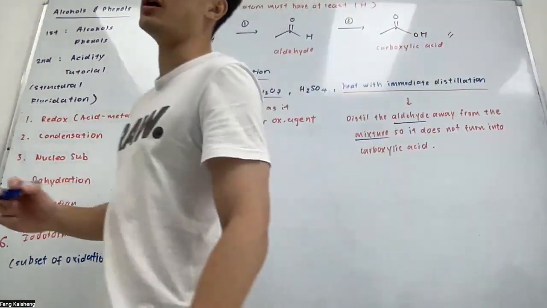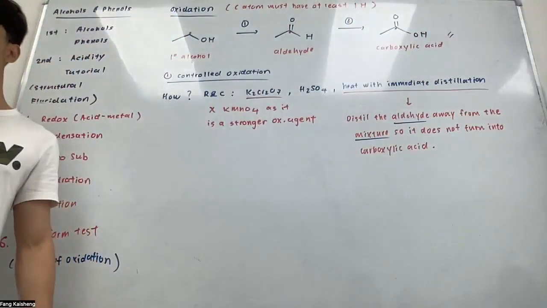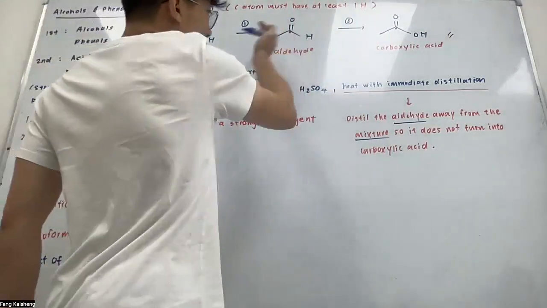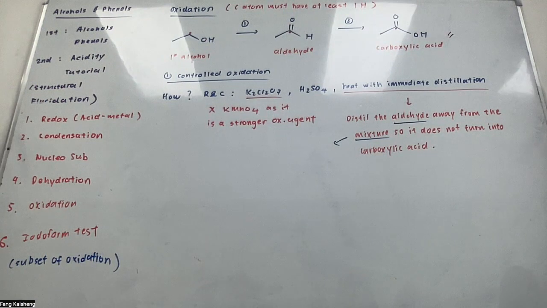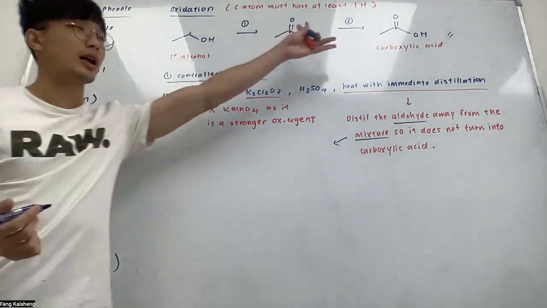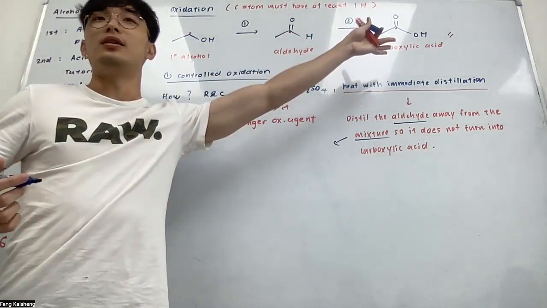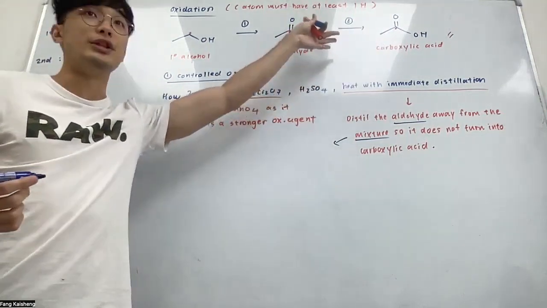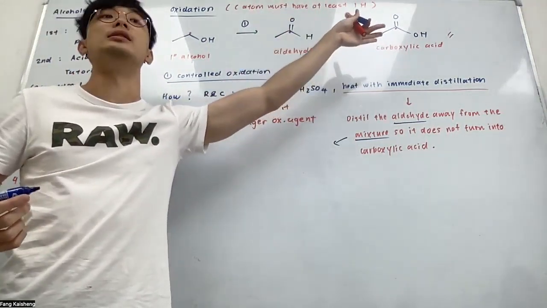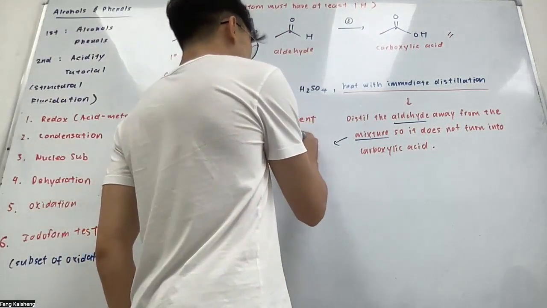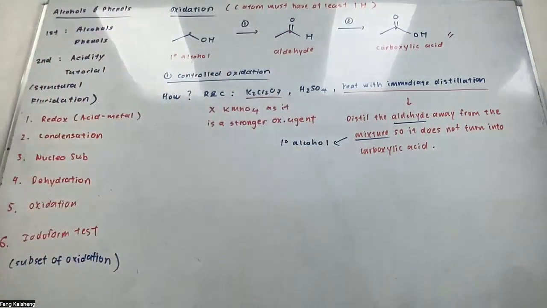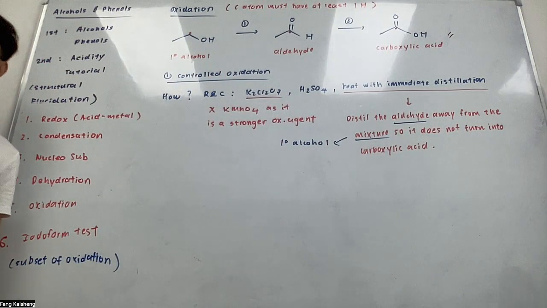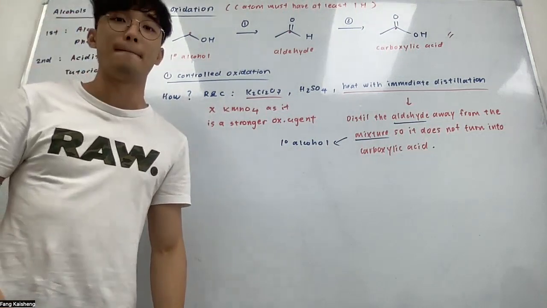What is in the mixture? There are only three possible things here. What's in the mixture? Alcohol. Is that carboxylic acid? No lah, because I obviously am doing all this to avoid carboxylic acid. So the mixture is the initial starting reagent, my primary alcohol. I'm trying to get the aldehyde to screw off from the alcohol so that it doesn't turn further into other stuff.